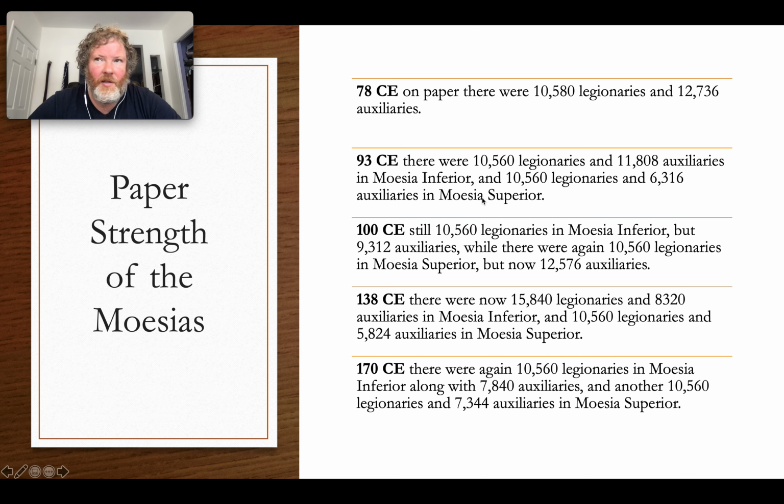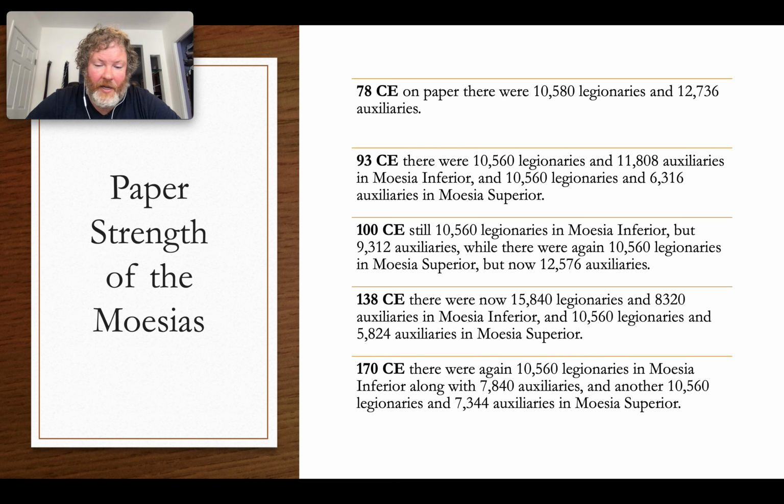But you can see too that the numbers didn't stay consistent. They fluctuated a lot over time. New units would come in depending on circumstances, changes in overall strategic planning in the Roman Empire, changes depending on preparations for major conflict.